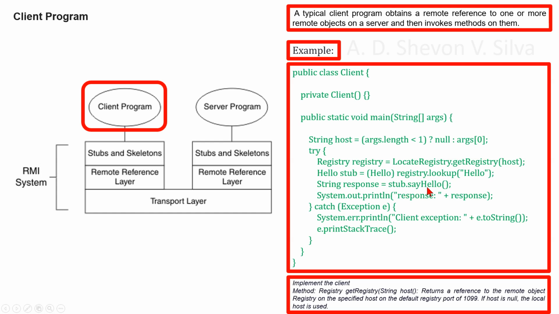The client-side runtime opens a connection to the server using the host and port information in the remote object stub, and then serializes the call data.